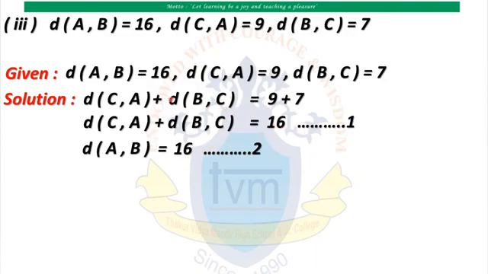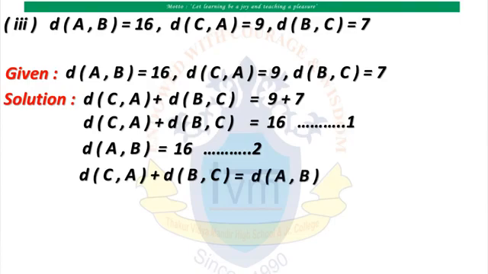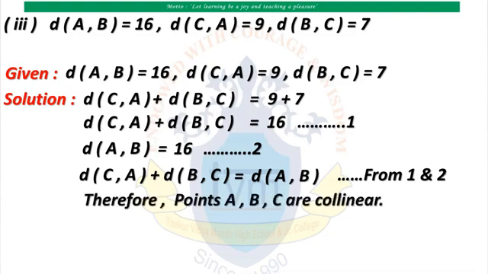Therefore, the left hand side of equation 1 will be equal to the left hand side of equation 2. It means distance CA plus distance BC equals distance AB. This statement we got by comparing equations 1 and 2. So here the sum of two smaller distances is equal to the greater one, hence points A, B, C are collinear.